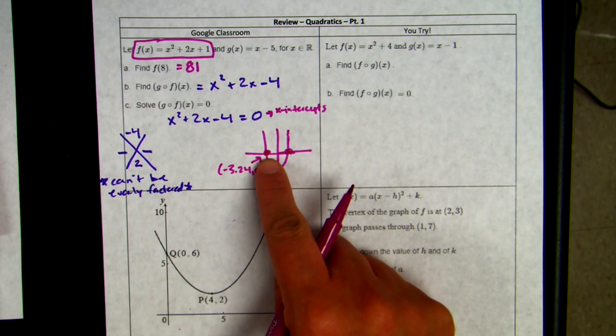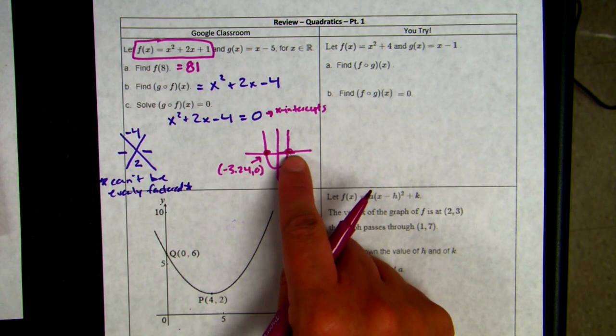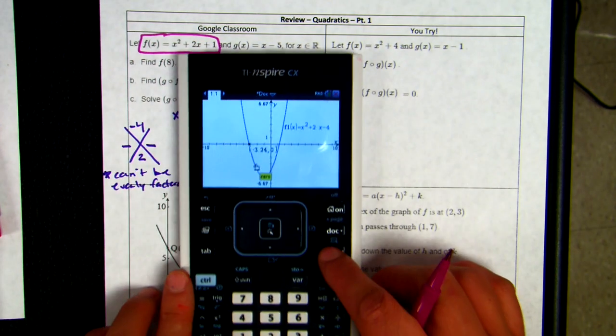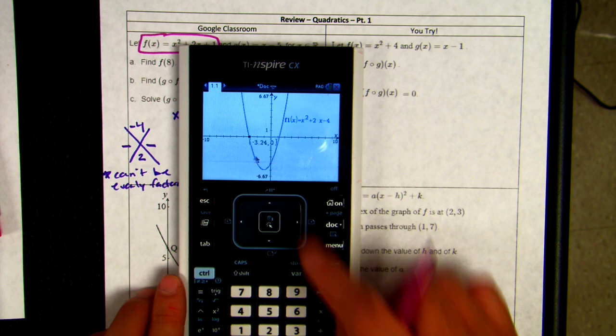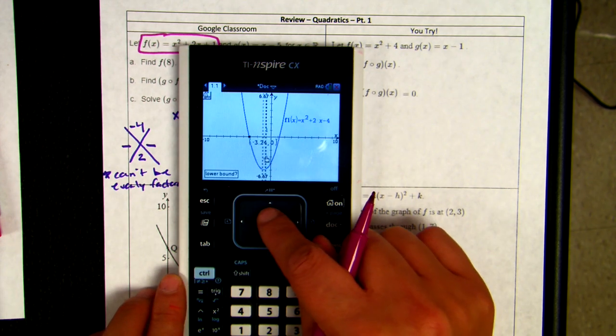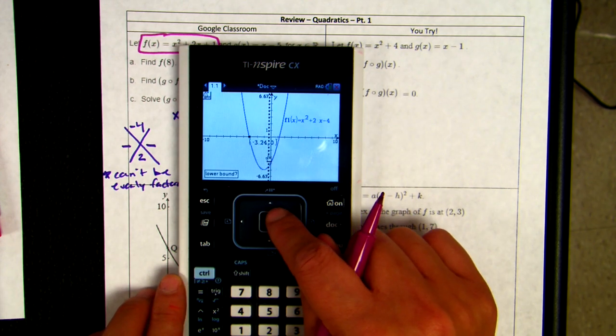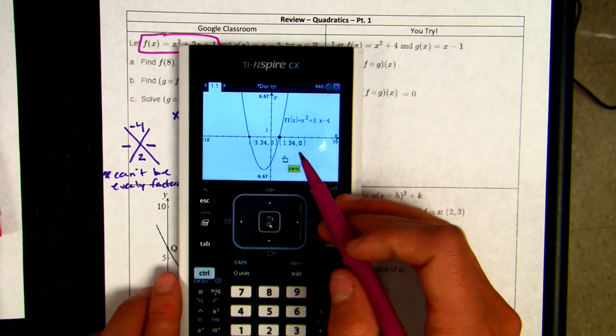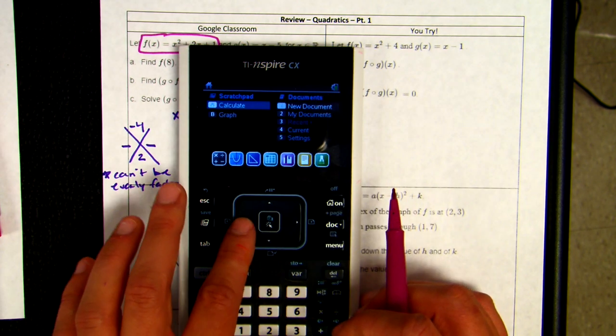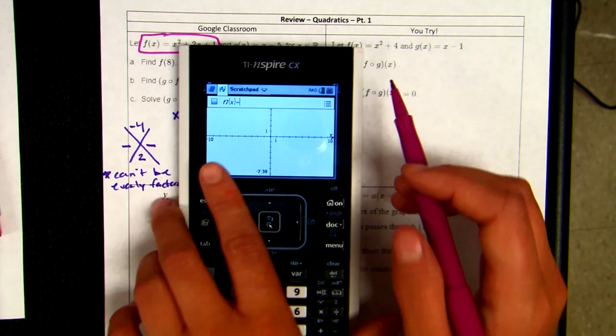That's one of my x-intercepts, but notice that I have 2 here. So I've got to figure out what my other one is as well. Same thing. Menu, Analyze Graph, we're finding the 0. We're going to scroll once to the left of the x-intercept and once to the right of the x-intercept. My other x-intercept, oh, whoops. It was at 1.24.